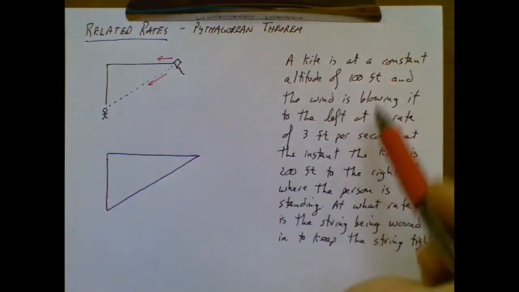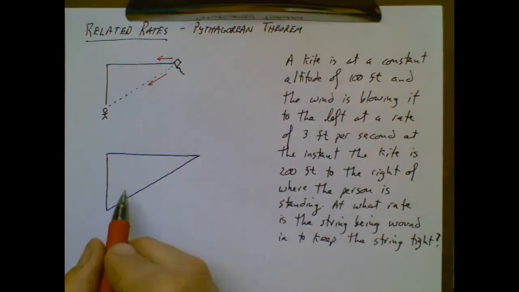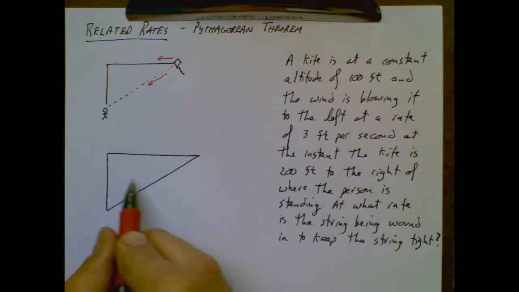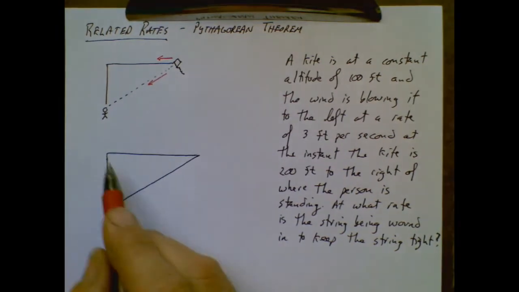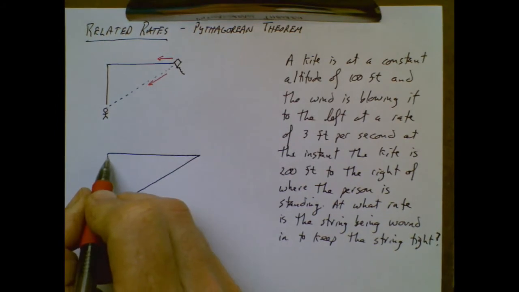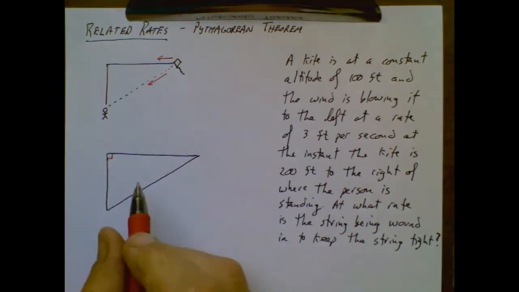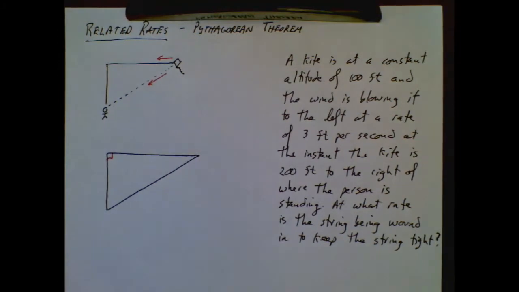So what we have to do is take that information and label our triangle situation here. So I see that this thing forms a right triangle, which is going to be a clue for us later that we're probably going to use the Pythagorean theorem. But let's not worry about that right now.